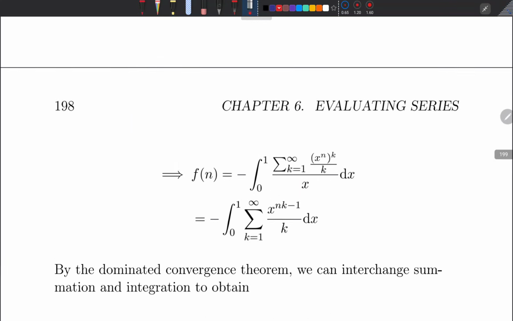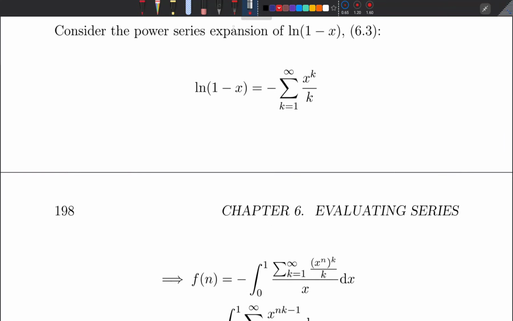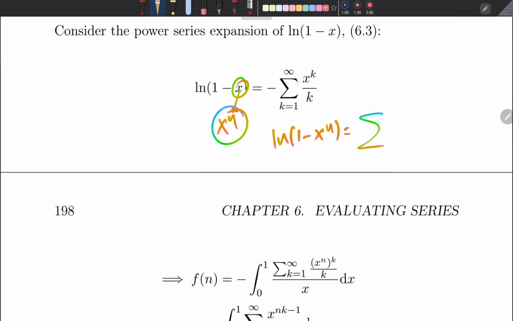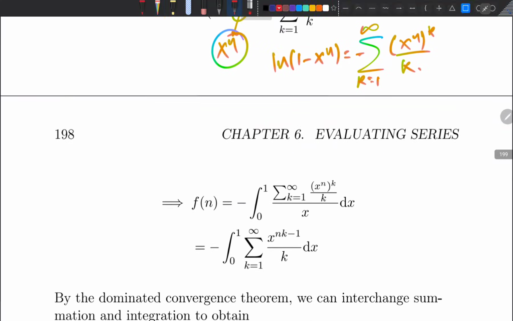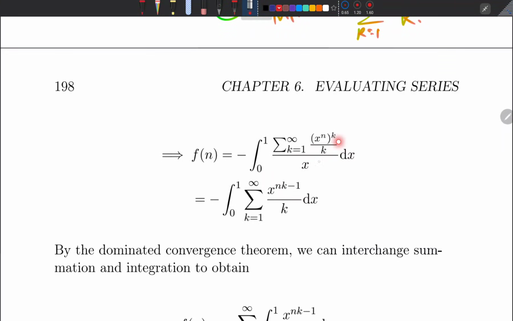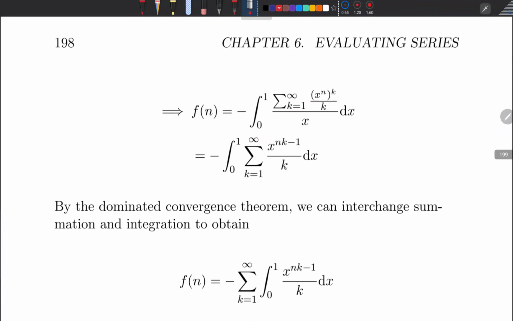From here we can replace x with x to the n in order to get an infinite sum representing natural logarithm of 1 minus x to the n as minus the sum as k goes from 1 to infinity of (x to the n) to the k over k. So that's what we have done so far. I hope you can understand that. And we have the denominator as x, so from here we have x to the nk minus 1 over k.